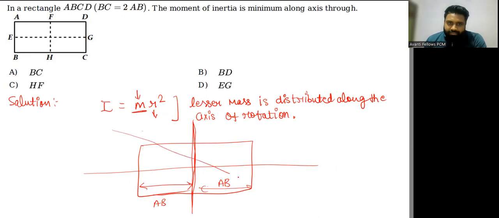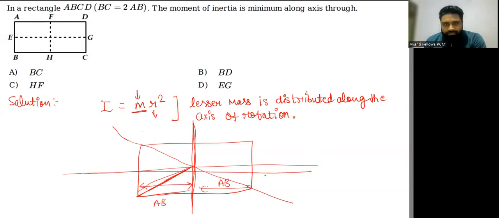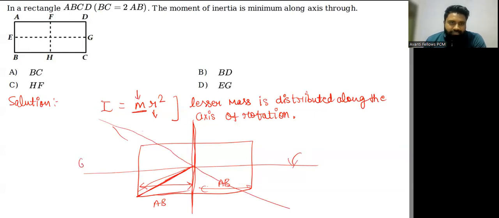If you take this axis passing through the centroid, then you will also have a length like this. If you take this as an axis, this axis is EG.